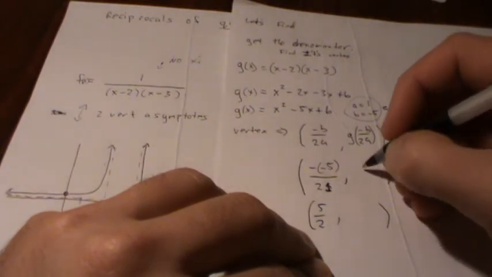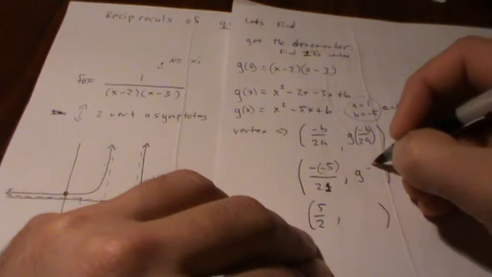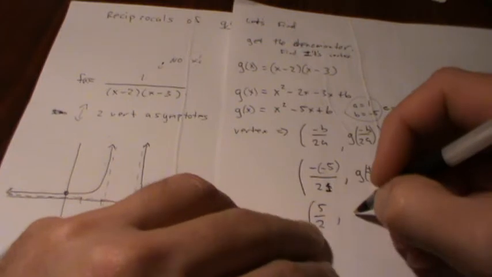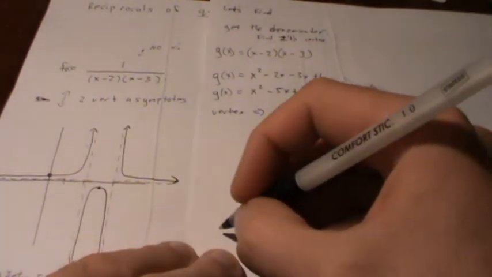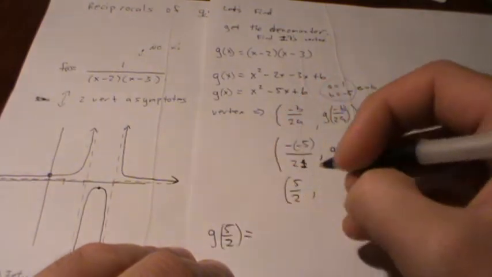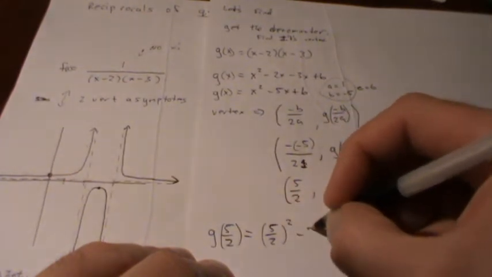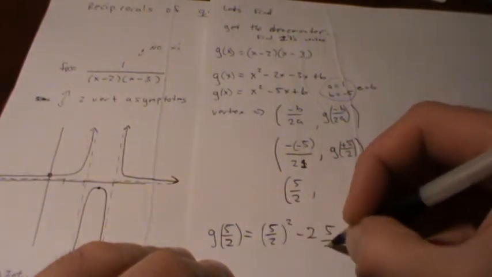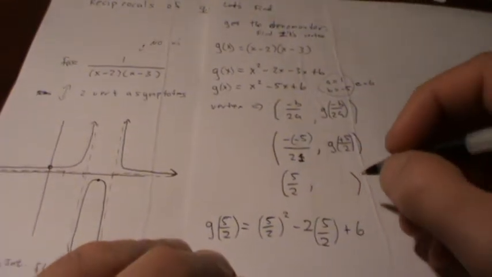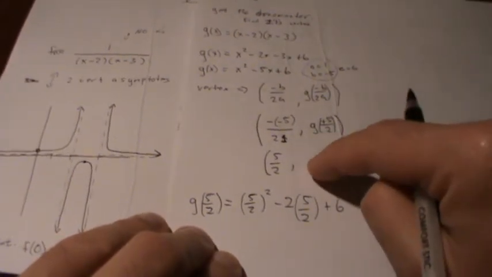Okay, and now the y value of this vertex is g of 5/2. Okay, and so basically I just evaluate this function, g of 5/2, and it's 5/2 squared minus 5/2 times 2 plus 6, and this will be the y value here.